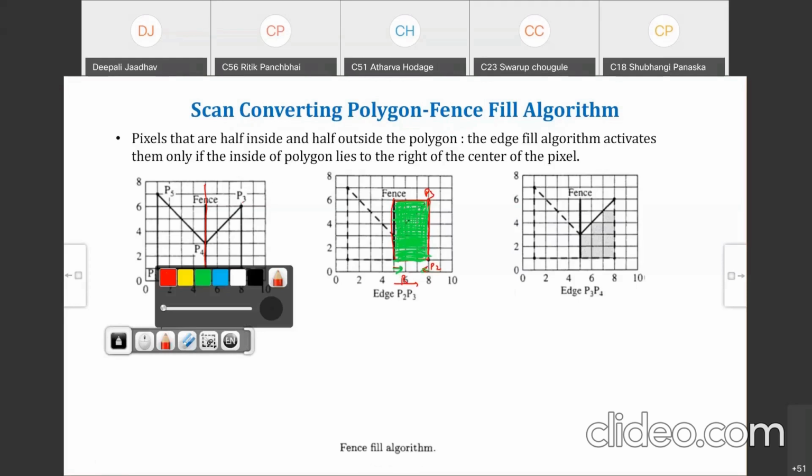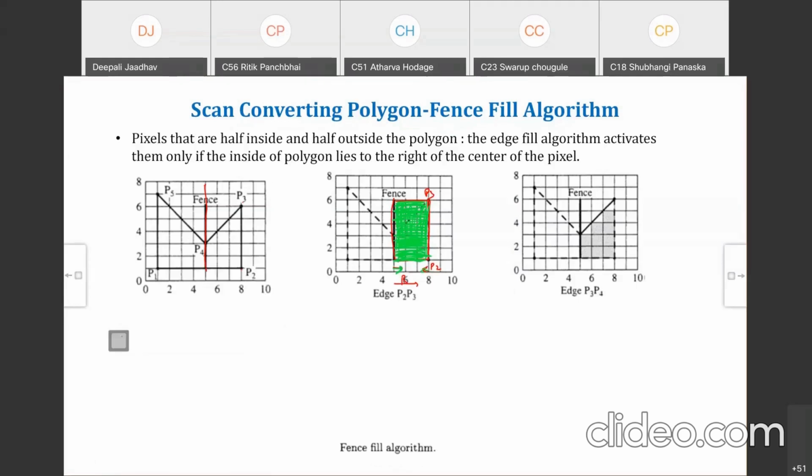Now we move to the next line, P3 and P4. Here again it is the same. We need to consider this part only, which is left of this line and right of the fence.